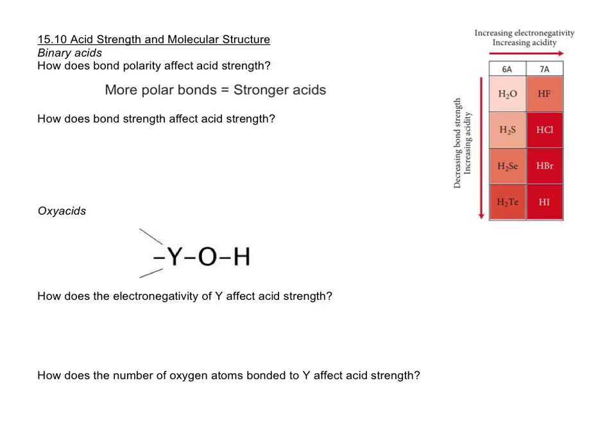So you can see in this figure I've put on here that as you go down the periodic table, the bond strength decreases. And so that results in HF not being a strong acid because those 2 things together cause it to, the increased bond strength causes it to not dissociate completely.